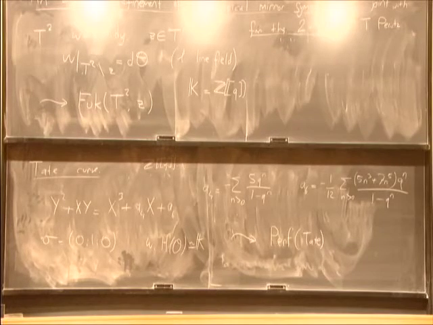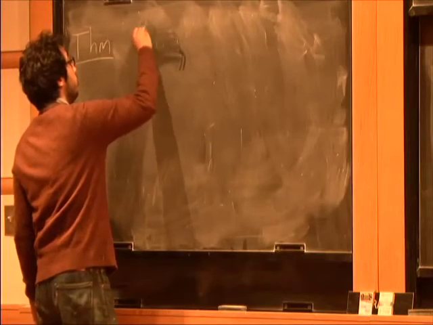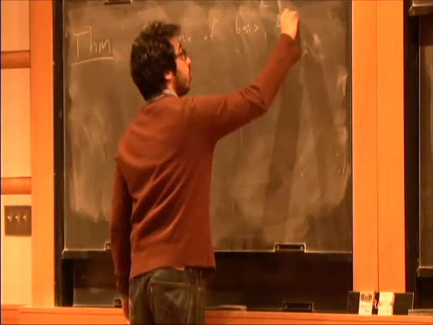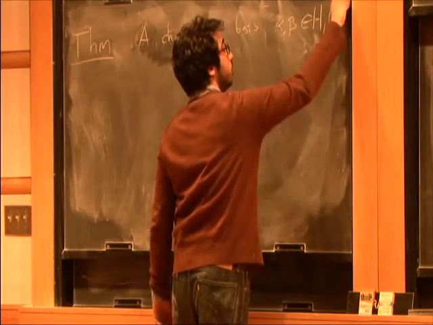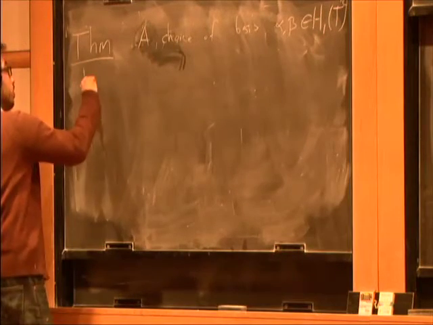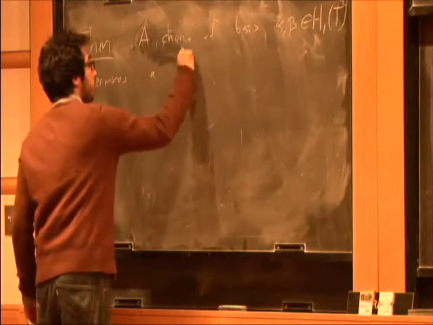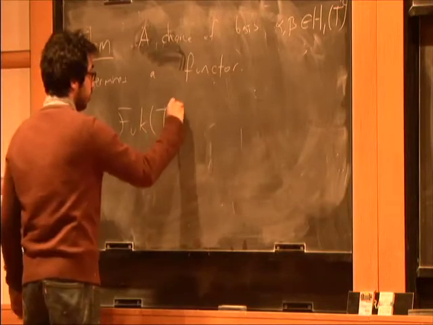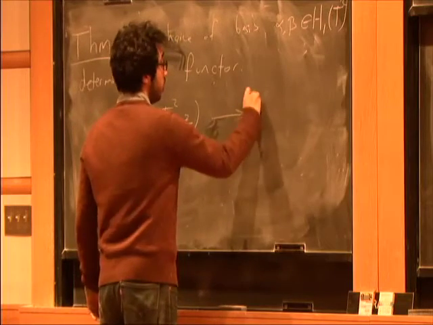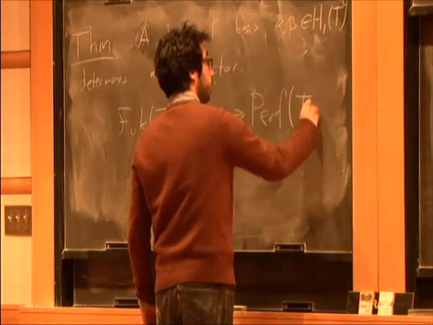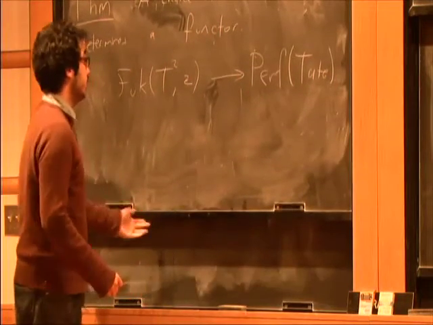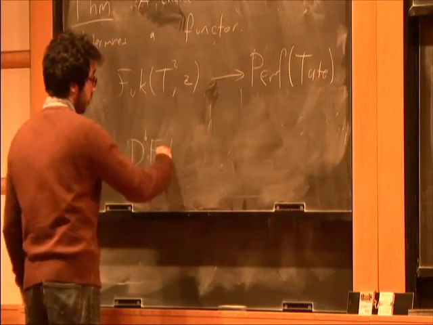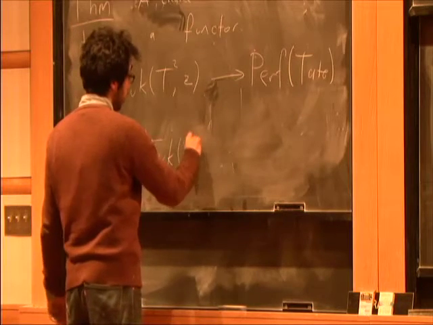Suppose a choice of basis alpha, beta of H1 of T2 determines a functor from this symplectic side, this Fukaya category, to the algebraic side, this perfect sheaves, and such that after passing to the derived level, after derived closure, we get an equivalence.